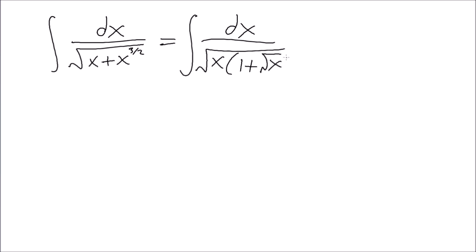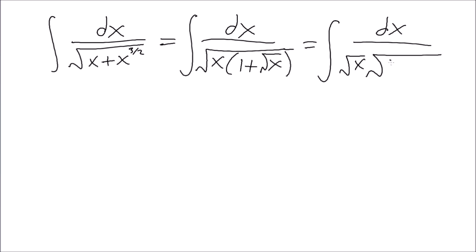Oh, would you look at this? Okay, so what we actually have is square root of x times 1 plus... did I do this correctly? I want to make sure I do this correctly. Right, this is what this is, and we factor out the x. Okay, so then it comes down to this.